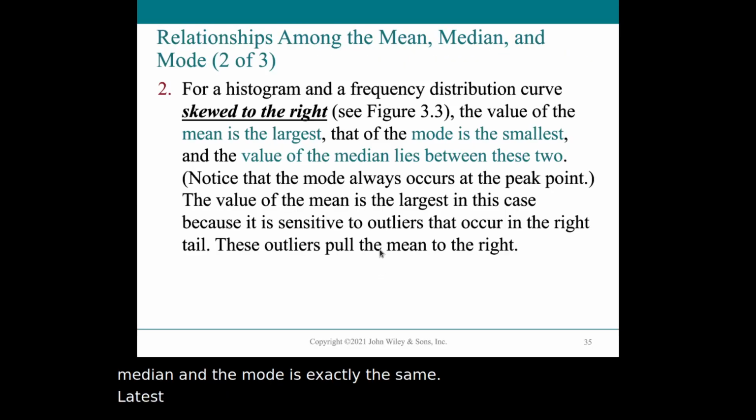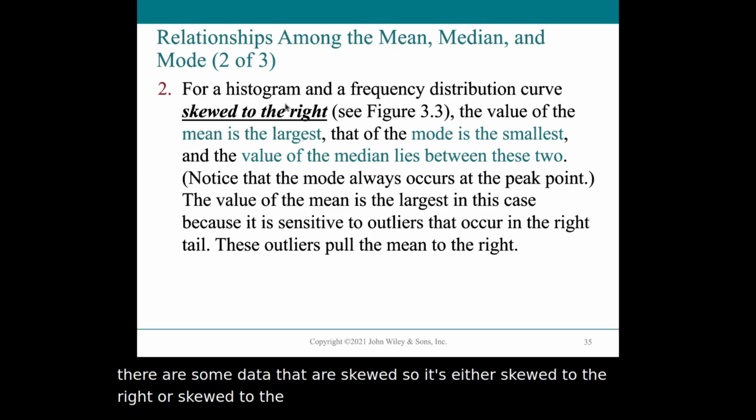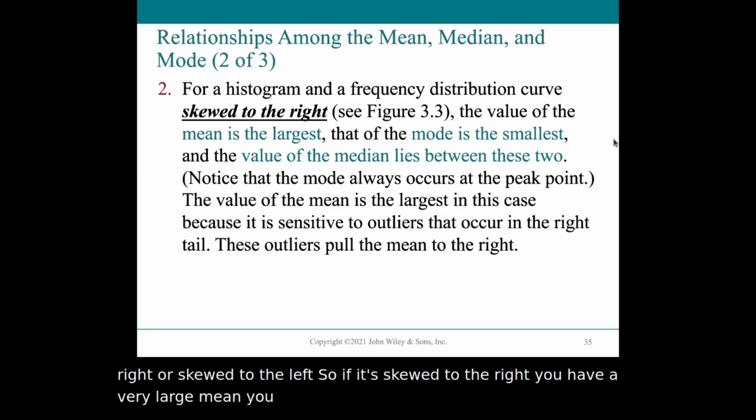Whereas in a non-ideal world, sometimes data are skewed, either to the right or to the left. If it's skewed to the right, you have a very large mean, a small mode, and of course the median always lies between the two.